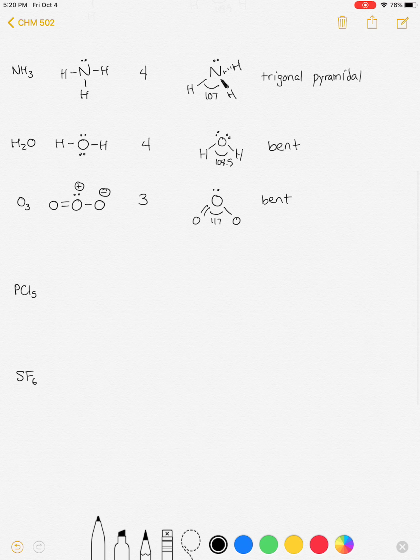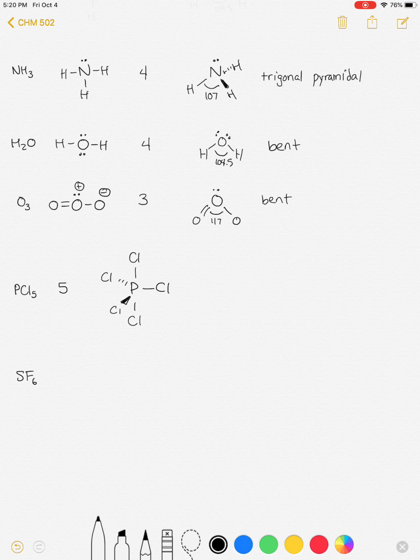There are a few other shapes that the reading went into. I'm not going to go into them so much here. These are what happens when you have an expanded octet, but I'll go through a couple examples. We have PCl5. How many chlorines are around that central phosphorus? There are 5. And what does that geometry look like? We have one central phosphorus with a trigonal plane of 3 chlorines making a triangle, and then 2 more axial chlorines.